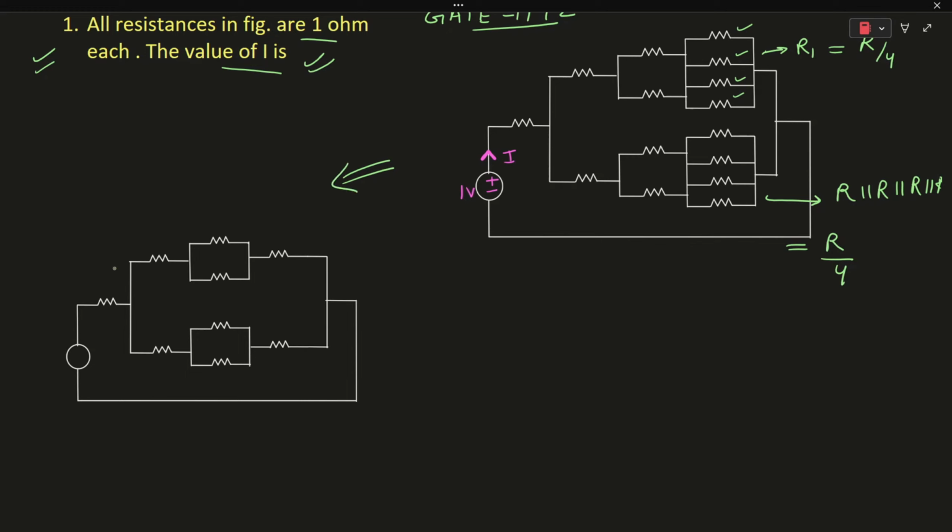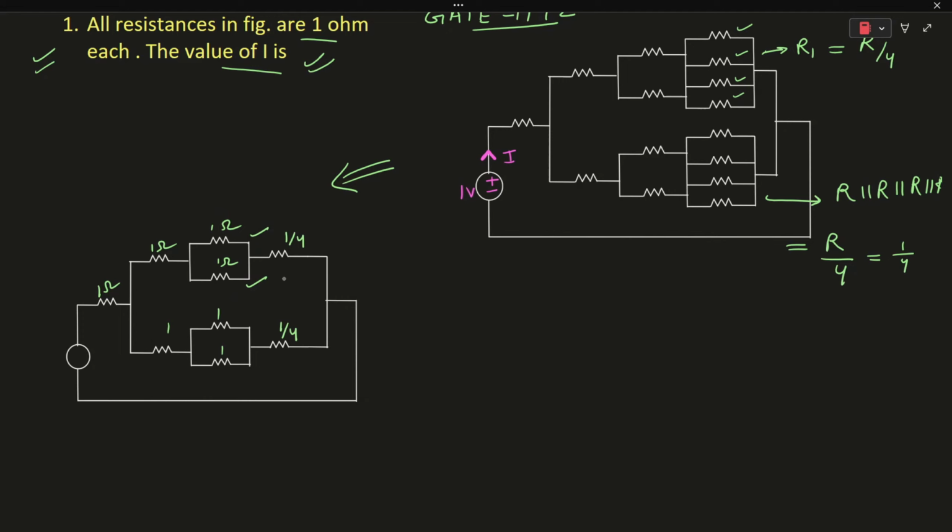So the value of each of these resistors will be equal to 1 ohm, except these two resistors, which have a value of R by 4, which will be equal to 1 by 4 ohm each. Also, in the circuit, you can see that these two resistors are connected in parallel.